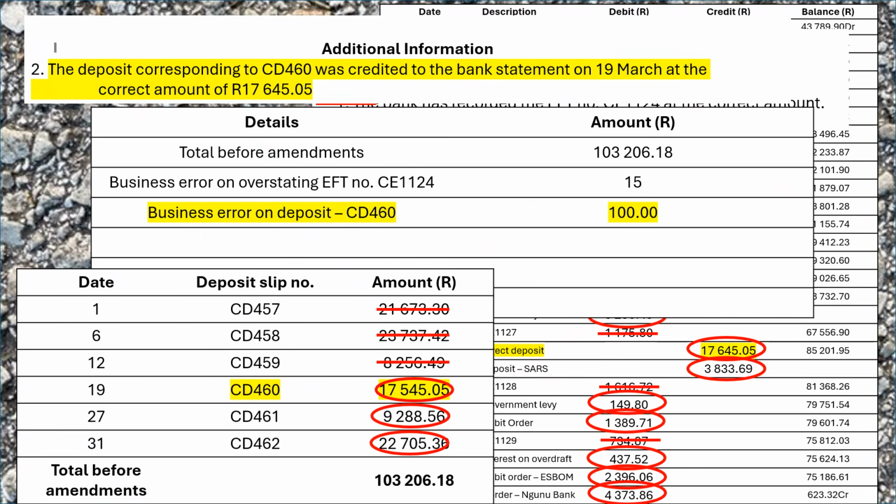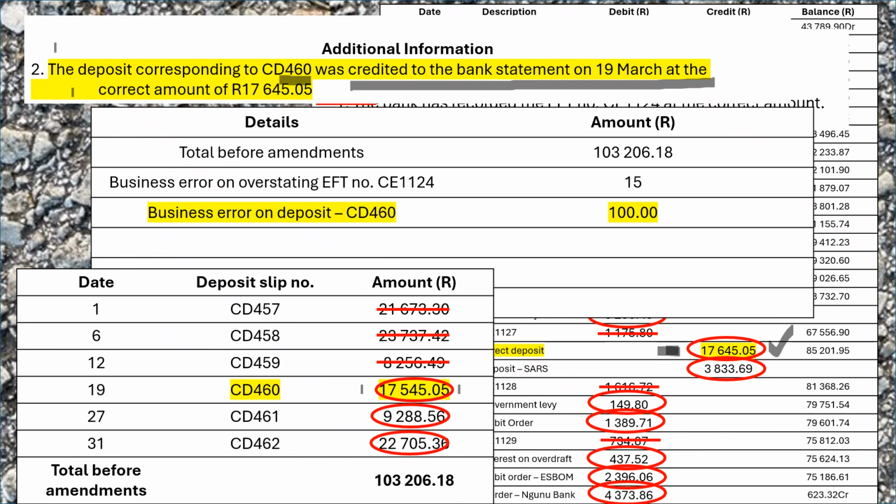Next one. The deposit corresponding to CD 460 was credited to the bank statement on the 19th of March. There it is, at the correct amount of 17,645. In our receipts, we had 17,545.